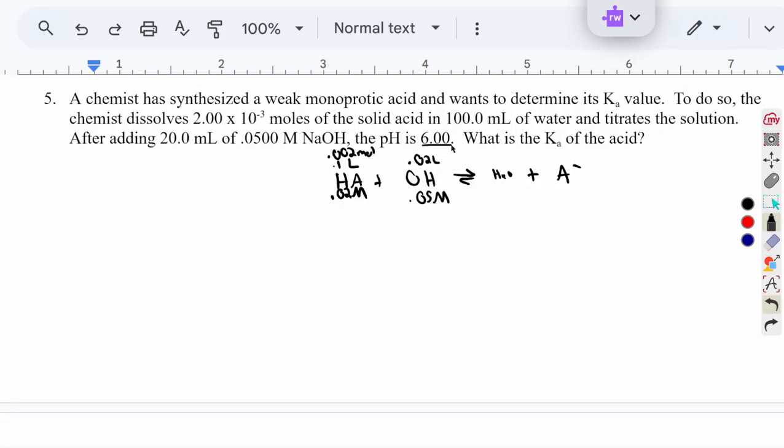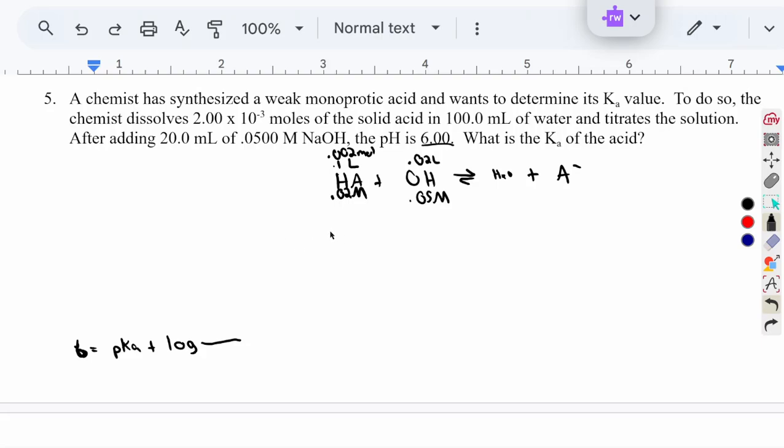Given pH, I'm wanting to do the Henderson-Hasselbalch equation because it's asking me for the Ka. Okay, so we got a pH of 6. So our pH is equal to our pKa plus the log of the ratio of A minus to HA. So I can get the ratio here. Okay, I see.